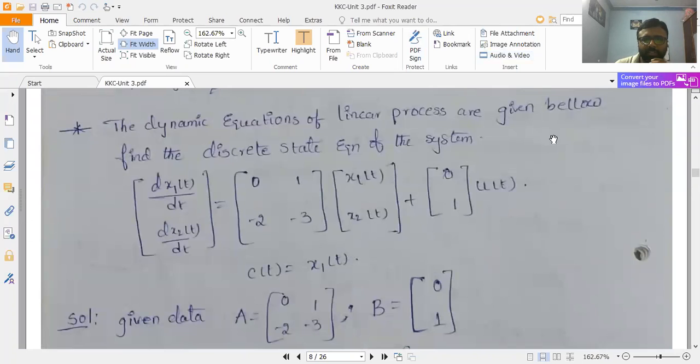The dynamic equations of a linear process are given below. Find the discrete state equations of the system.